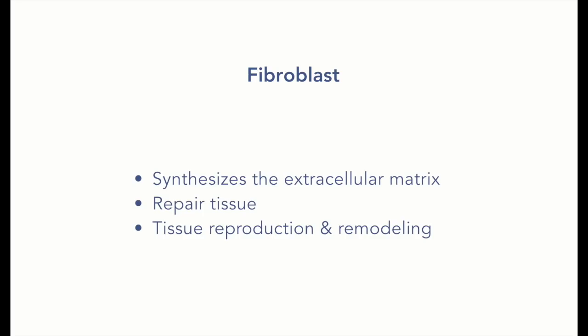So what is a fibroblast? A fibroblast is the cell that synthesizes the extracellular matrix and collagen. It's the primary element of the repair process. The function of the fibroblast is to maintain the structural integrity of connective tissue, and it mediates the repair phase. The fibroblast produces structural proteins used for tissue reproduction and remodeling.